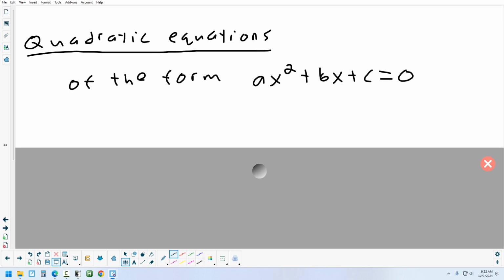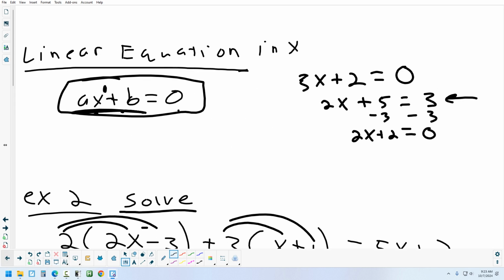Now, you can plug anything you want in for a, b, and c, but you can't plug in a 0 for a. Because what would happen if you filled in 0 for a? Yeah, that would become linear. If you fill in a 0 for a, you're going to wipe out that first term. And now you're left with bx plus c equals 0. That's exactly what we said earlier that a linear equation looks like.